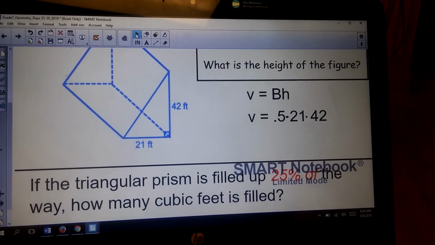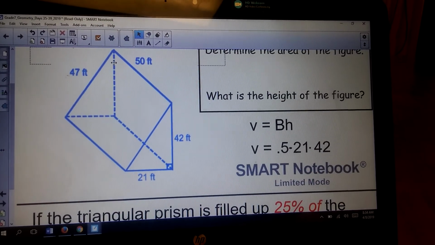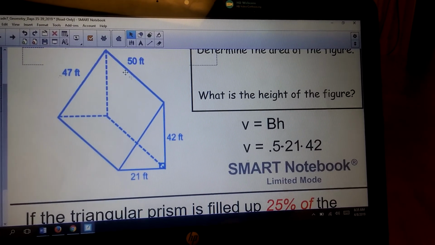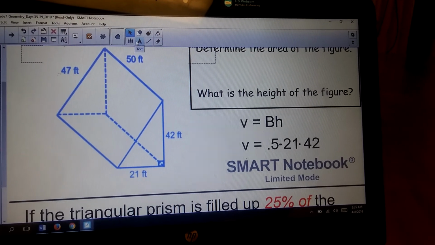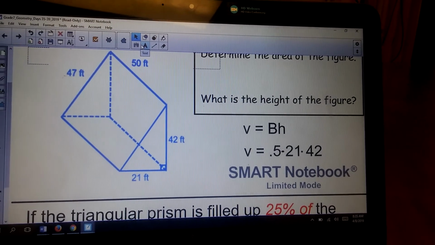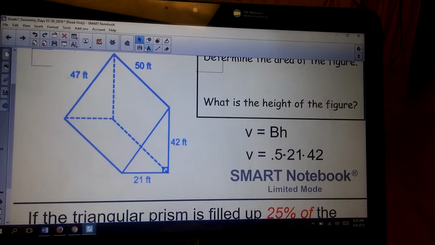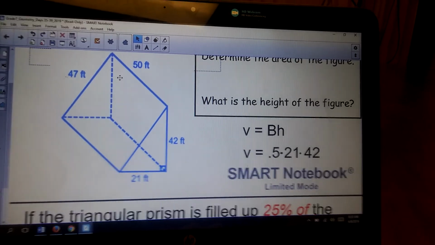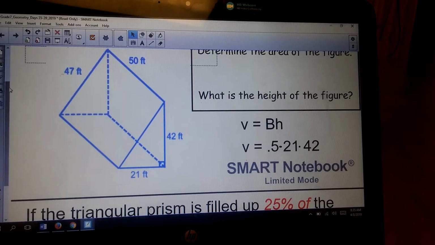That will give us the area of this triangle, and then we have to multiply that by the height of the entire figure, what it is from top to bottom, which in this case happens to be 50. So we would multiply 0.5 times 21 times 42 times 50, and we would get a large number, 22,050. That would be the volume of this figure.